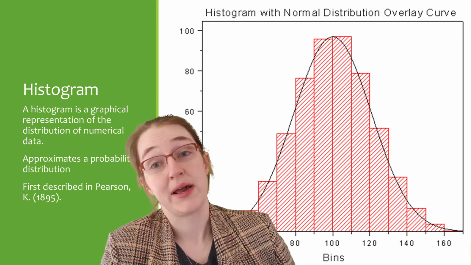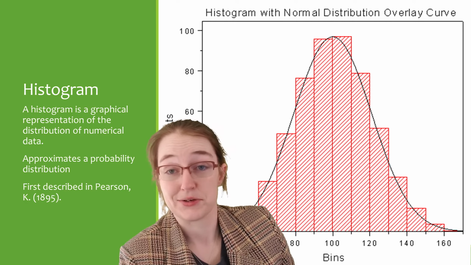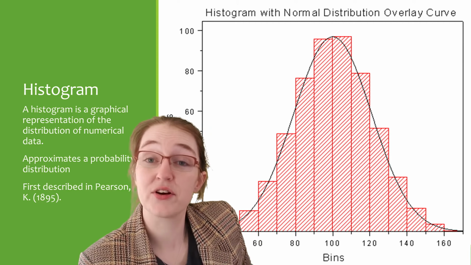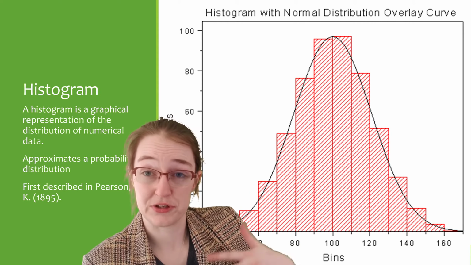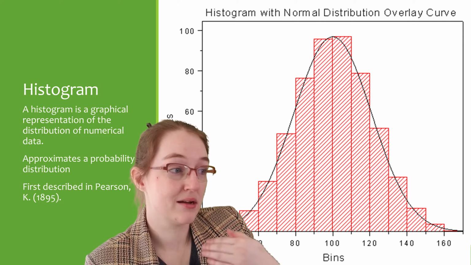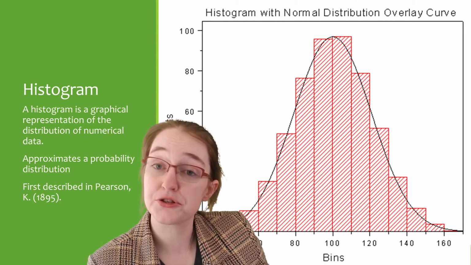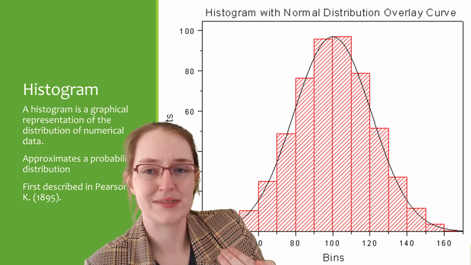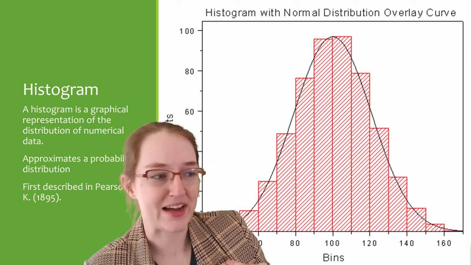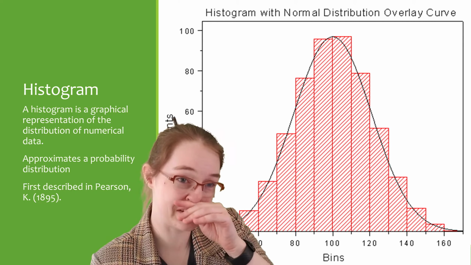So one way to illustrate your data is with a histogram. A histogram is a graphical representation of the distribution of numerical data. It approximates a probability distribution. This type of graph was first described as recently as 1895 by Karl Pearson, who we've seen elsewhere.